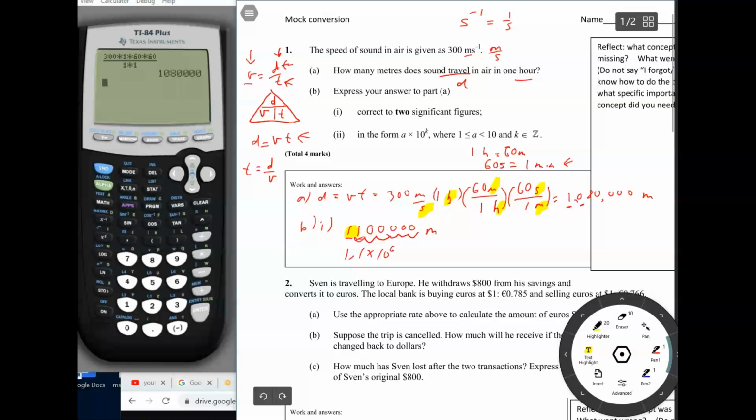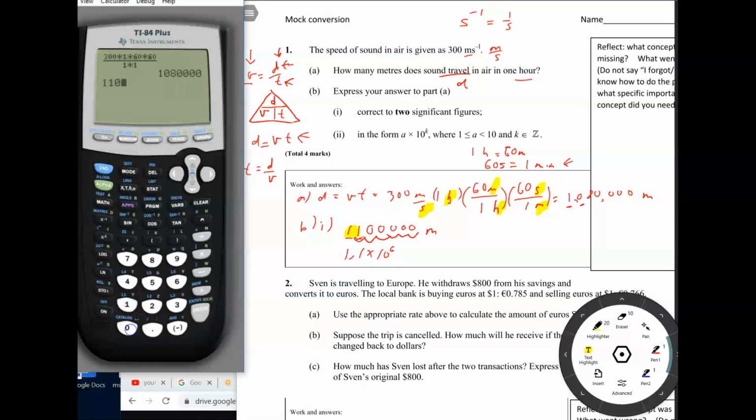If I wanted to, I could change, okay, 1, 2, 3, 4, 5, there's 5 zeros. And I could change this number to scientific notation by changing mode to scientific.